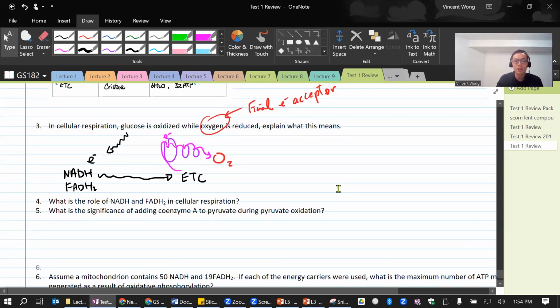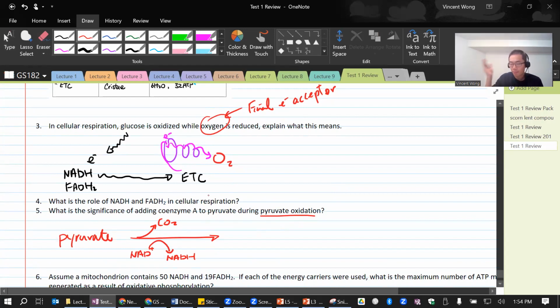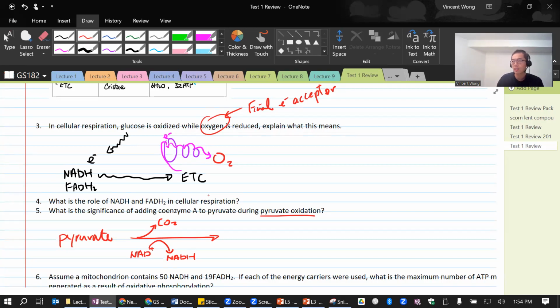What is the significance of coenzyme A? In pyruvate oxidation, 3 things happen, right? Let me write that down for you again. We're gonna remove carbon dioxide. We're gonna carry some electrons. And I kept on saying, by this point, the molecule is out of energy, right? It doesn't really want to react anymore. It has been through a lot.